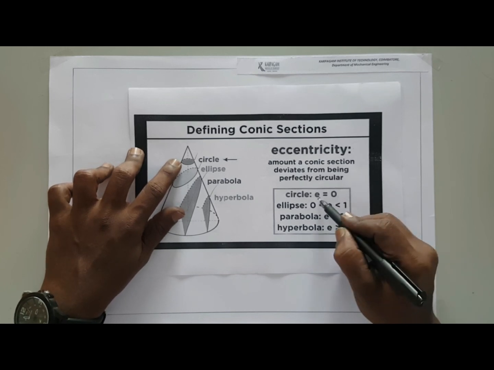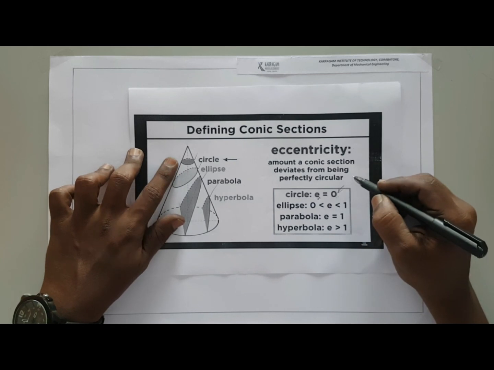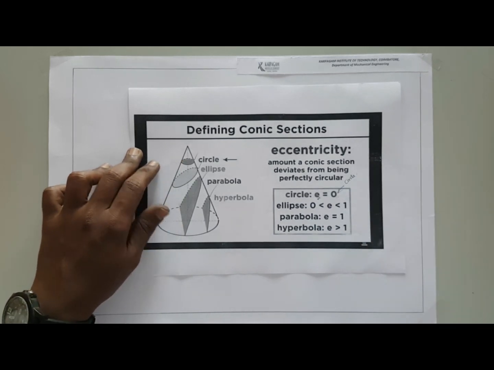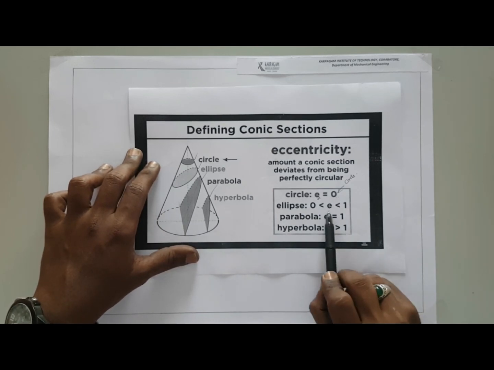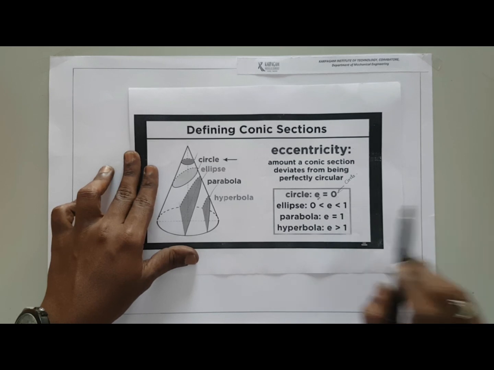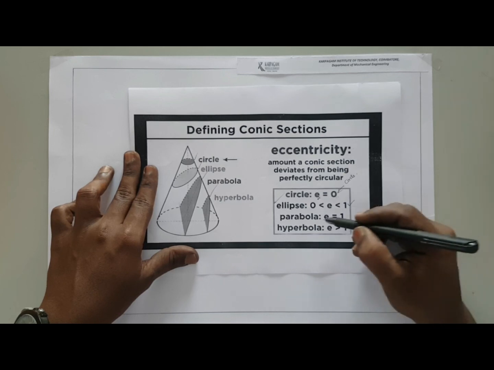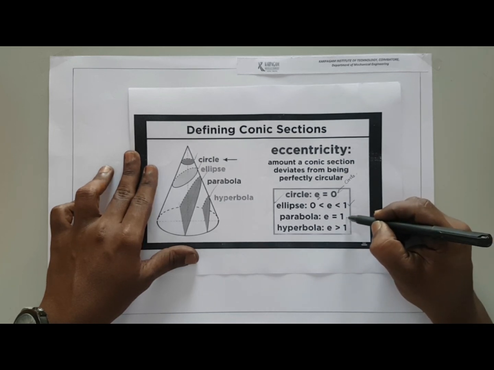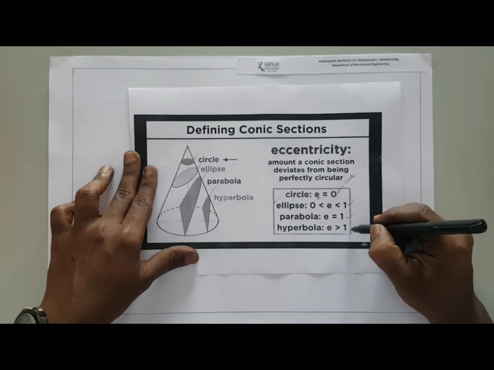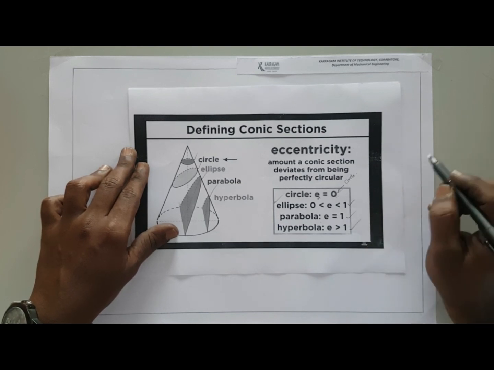In the sense, my e will be 0. At that time, I can say that the created curve is a circle. If my eccentricity value is less than 1, then I can say that my curve is an ellipse. If my eccentricity value is equal to 1, then it is a parabola. If my eccentricity is greater than 1, then it is called hyperbola.